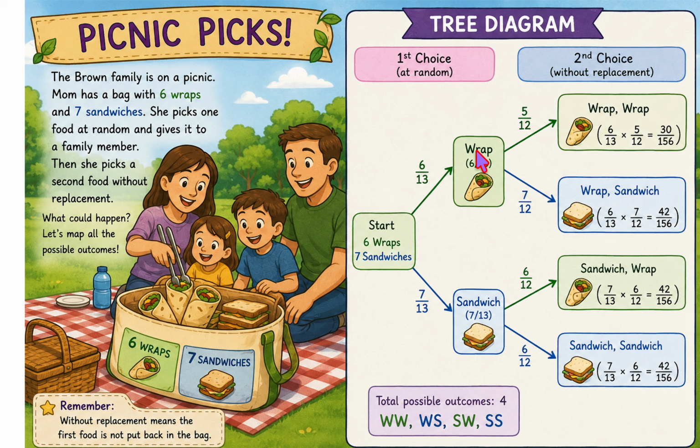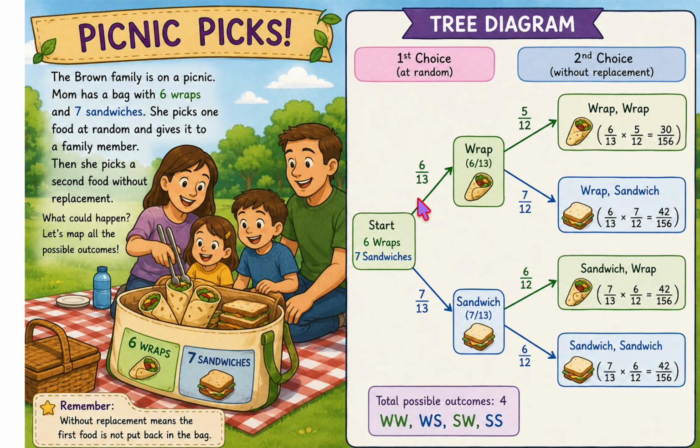Now, after giving that to one of the family members, the mom is drawing food again. What is the chance of randomly selecting a wrap? Now this is without replacement. They're not going to ask to put it back and get another one. So now your total has to be reduced, from 13 to 12.